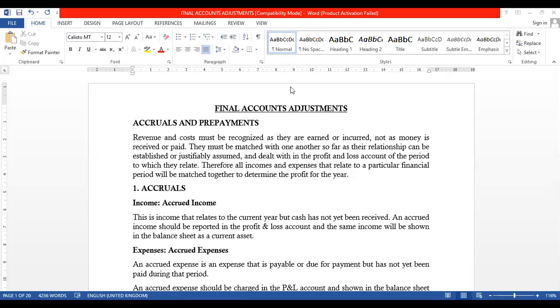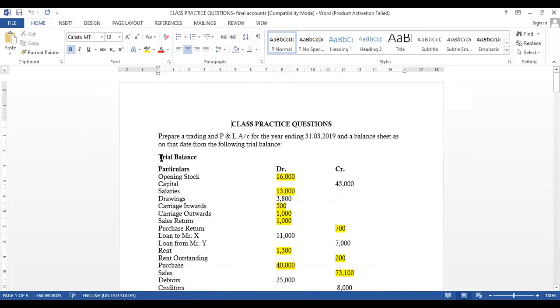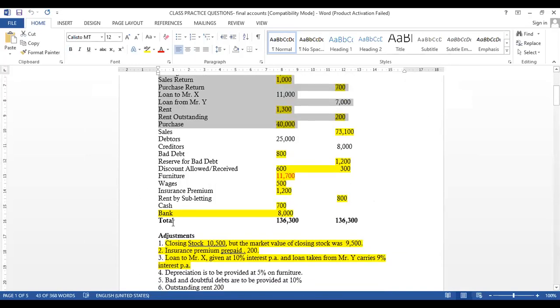Yes, yes, yes. Good. Now, final accounts with adjustments. It is important for us to note that if you look at one of the examples that I gave, class practice questions, in the normal example that we tackle, we only have the trial balance, right?